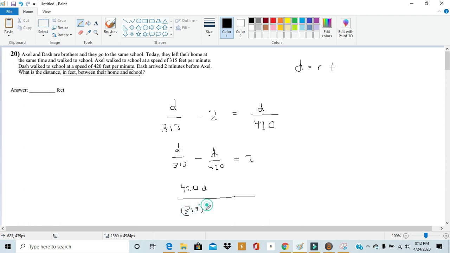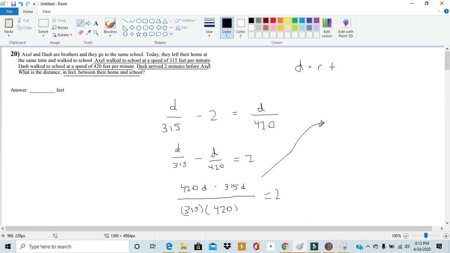And then we would do the same thing to the other fraction. We multiply the numerator by 315, the denominator by 315. That way we would get the same denominator of 315 times 420. And then we'd have our numerator in terms of 420d minus 315d, because there's a minus here and we multiplied 315 by d. So then we get that's also still equal to 2 because we just brought that 2 down.